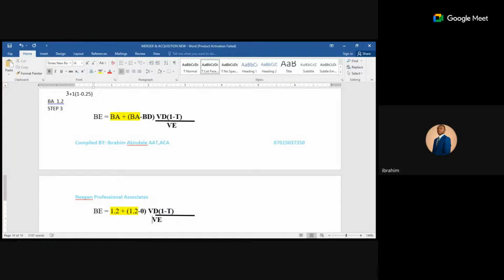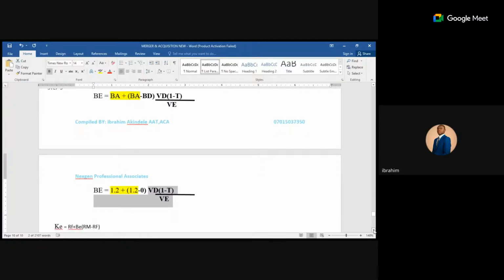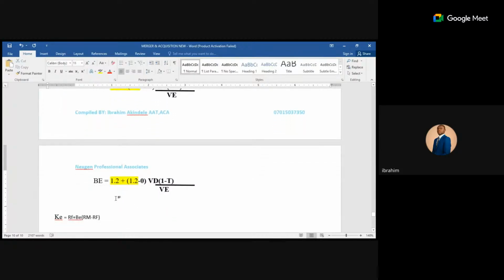So we should not forget that this part here is for the main company. We treated this under the risk-adjusted cost of capital, right? So this part here is for the main company. Therefore, I can come here. What is the level of gearing for the main company?